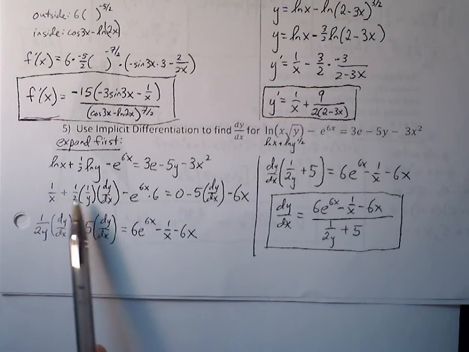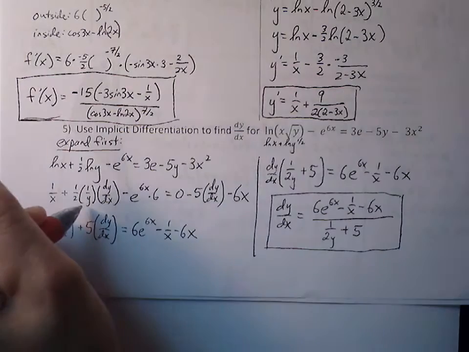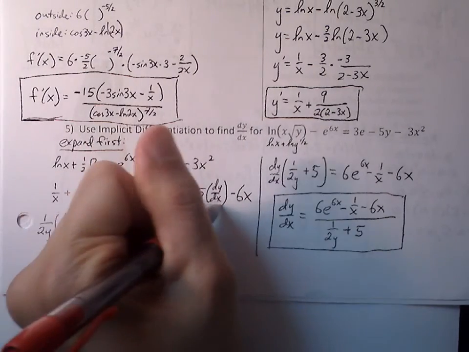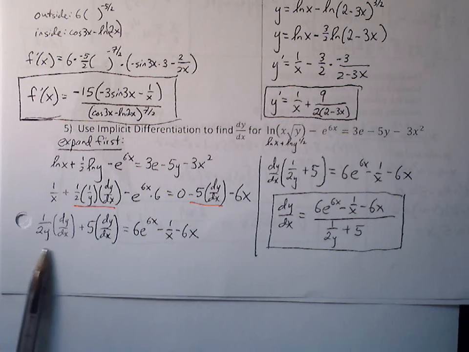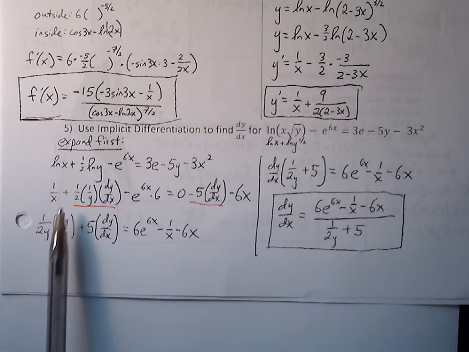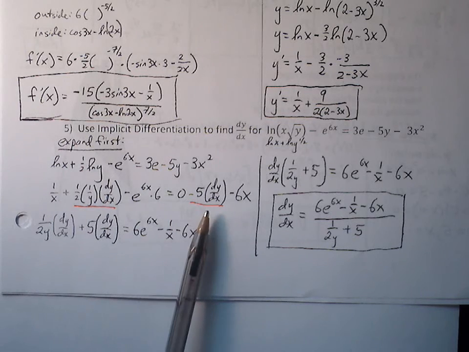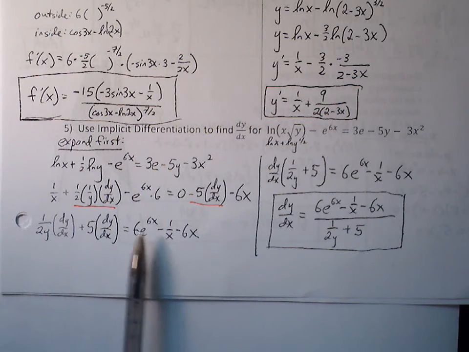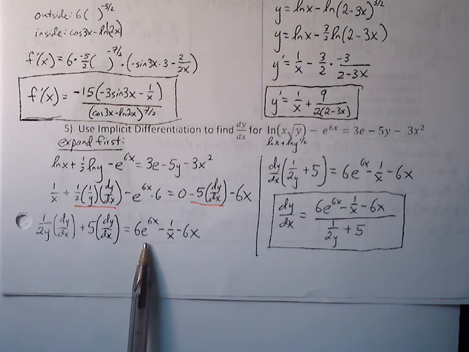Okay. We have our derivative, we just have to rearrange it to get our dy dx terms by itself. So I'm going to make these two terms move together to the same side of the equation. I'm going to add the 5 dy dx over. And then all the terms that do not have dy dx, I'm going to have make their way to the other side of the equation. So I'm going to add the 6e to the 6x.